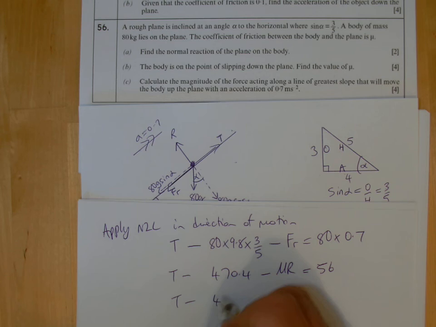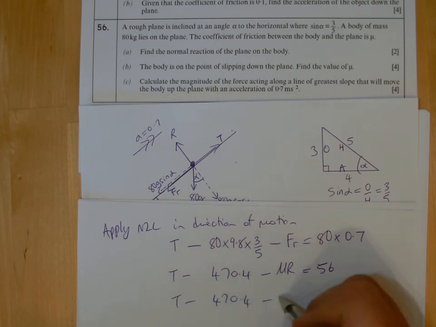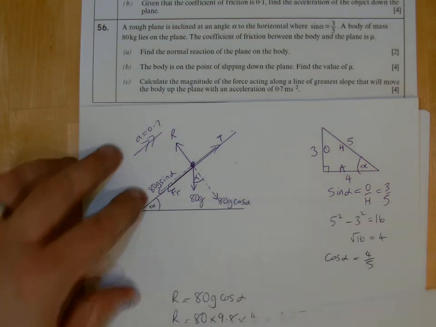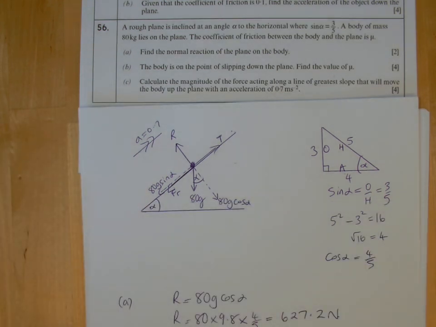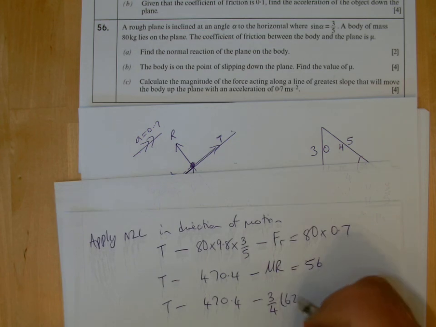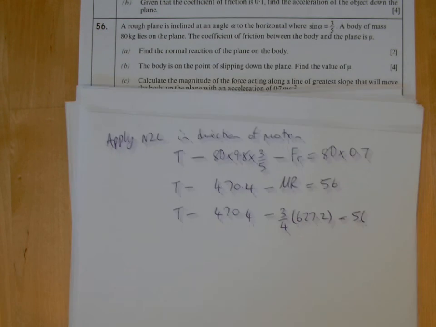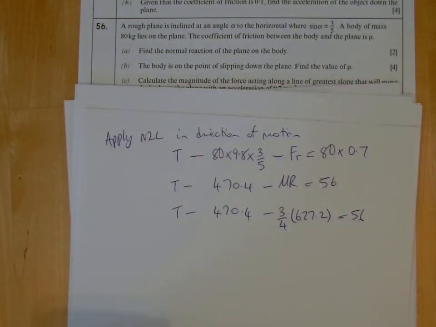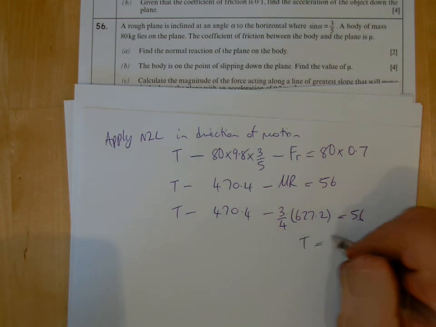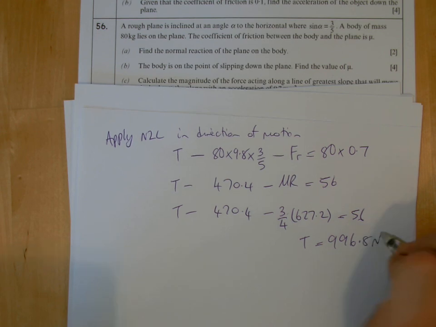So T minus 470.4, take away mu, which is 3/4, times the reaction, which, if you remember, was 627.2, equals 56. Then it's a case of taking everything over to the side to work out what our T force is. And T should come out to be 996.8 newtons.